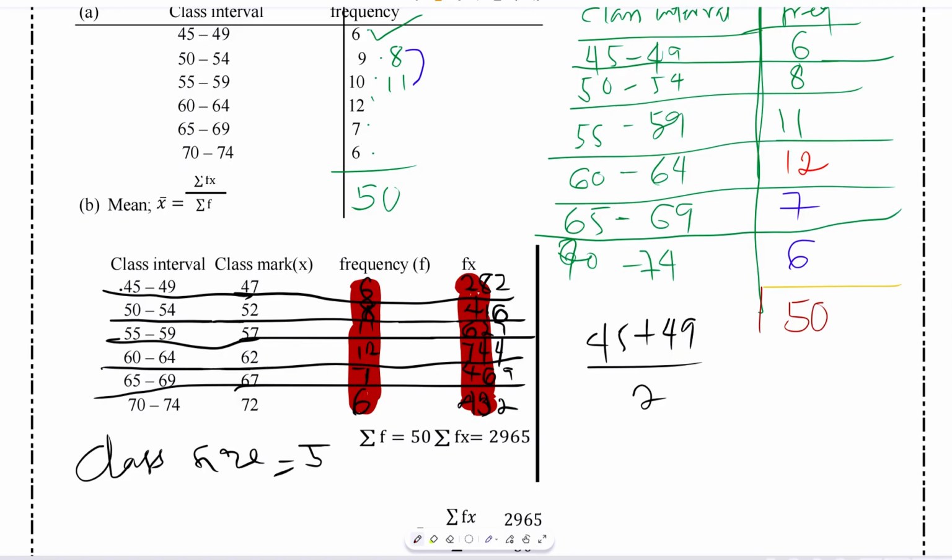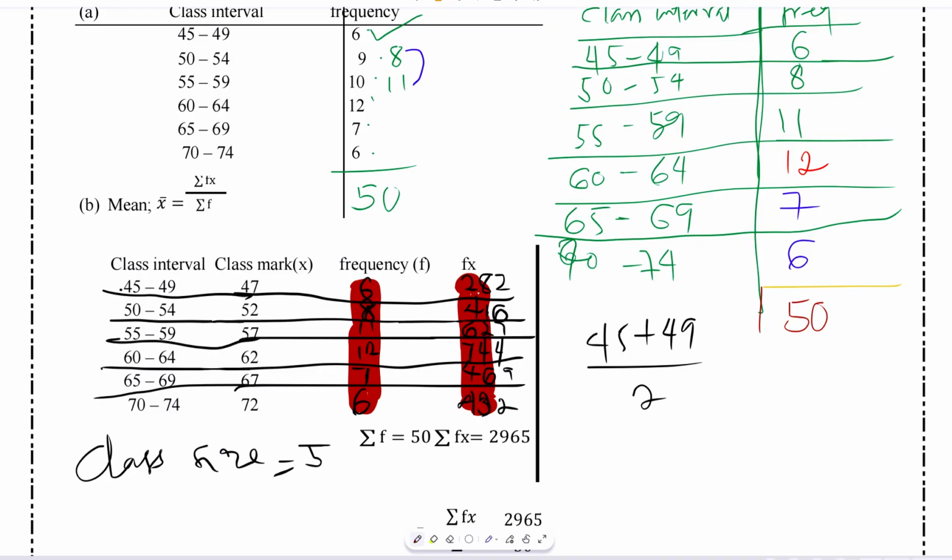Let's add up everything we have. 282 plus 416 plus 627 plus 744 plus 469 plus 432.